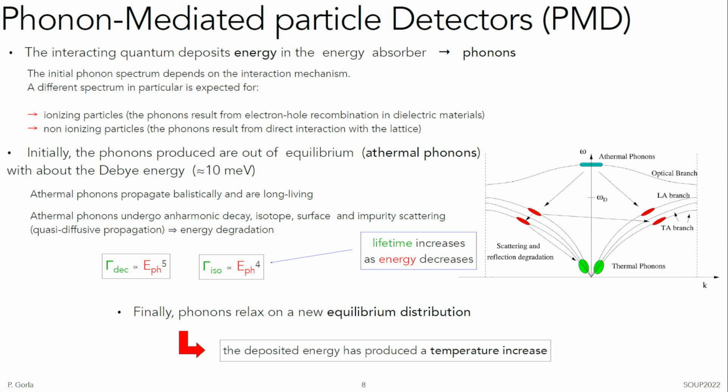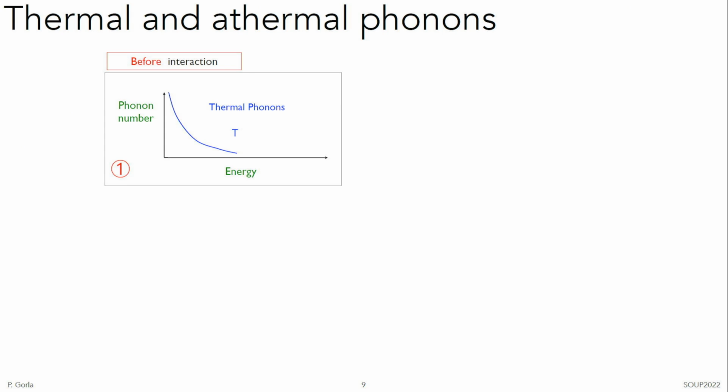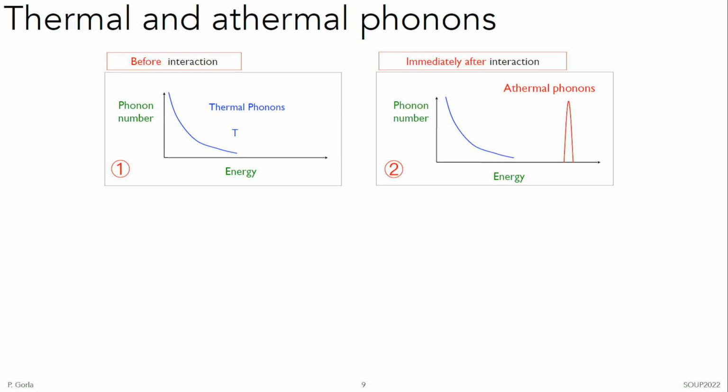So we can, in some ways, sketch this. You have a crystal or a solid with a stable temperature, so you have a stable distribution of phonons in energy, and then you have the interacting radiation, which produces an out of equilibrium distribution of phonons, which is typically quite narrow, quite sharp.